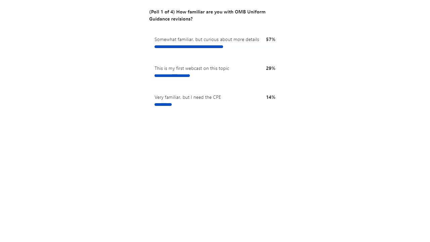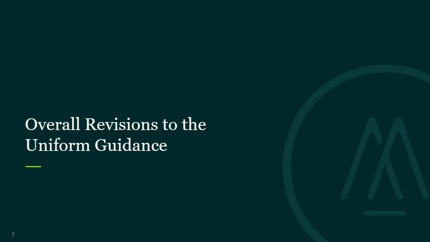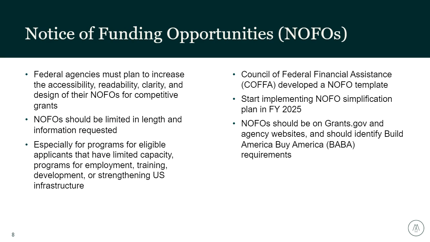All right. Thank you. All right, so we're going to talk about the overall revisions to the Uniform Guidance. You may have attended the webcast back earlier in the year where this was announced, and they talked mostly about the overall plan for these revisions.